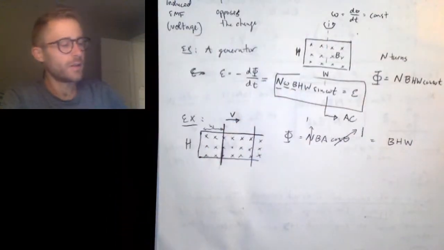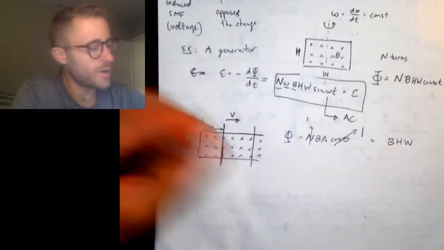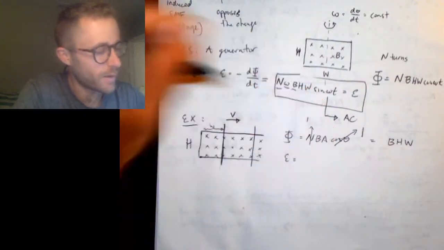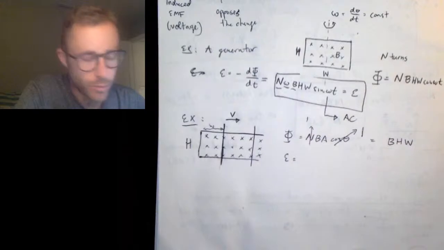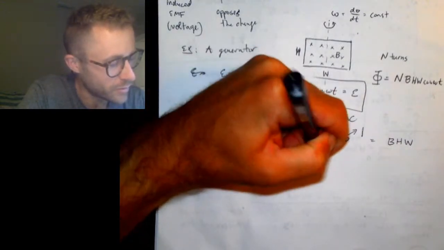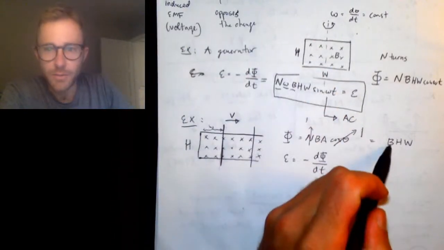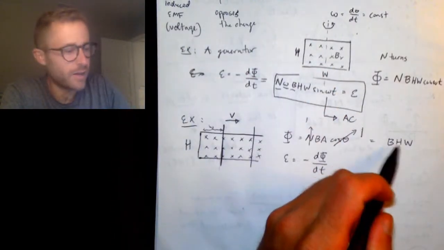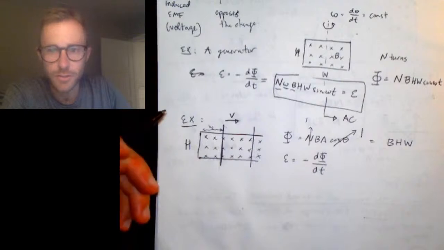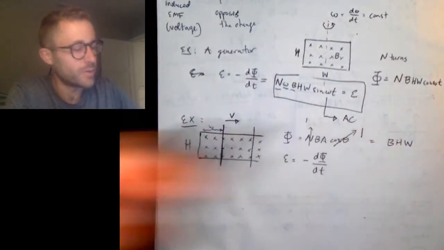All right? So now to get the induced EMF, I take the derivative of that, so minus the derivative. Now, if we think about it, the magnetic field is constant. The height of this circuit is constant. It's the width that's changing.